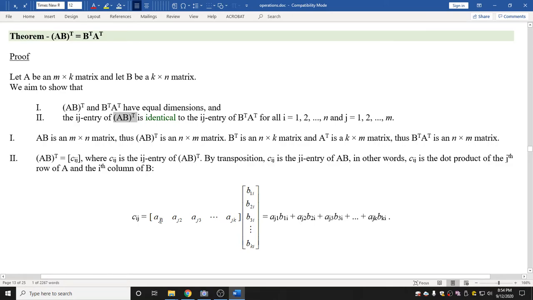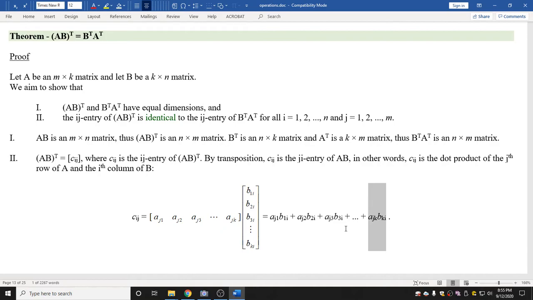Aj1 times B1i plus Aj2 B2i plus Aj3 B3i plus, and so on, plus Ajk Bki. Okay, so that's the ij entry of (AB) transpose.